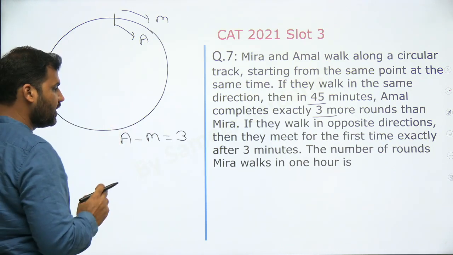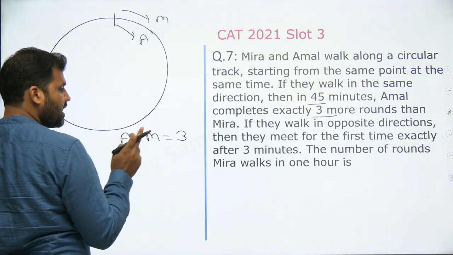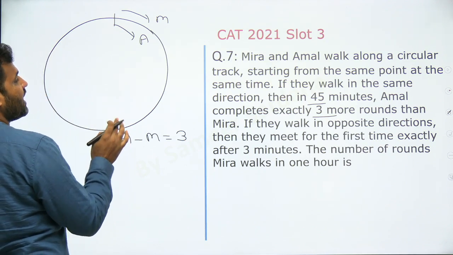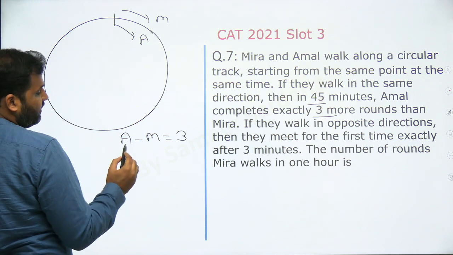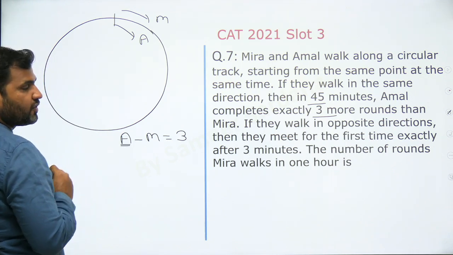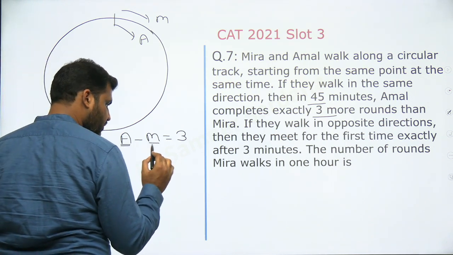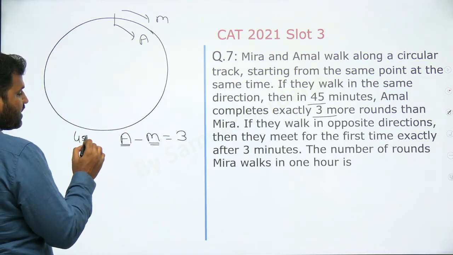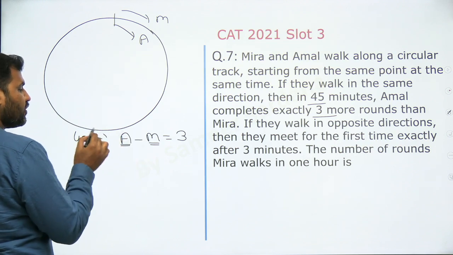It's given straight away. So let's say that in 45 minutes, the number of rounds of Amal is A, and the number of rounds of Meera is M. That is the number of rounds in 45 minutes, right? So this is the equation where A and M are the number of rounds by Amal and Meera in 45 minutes.